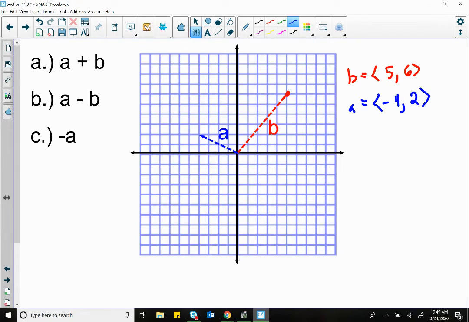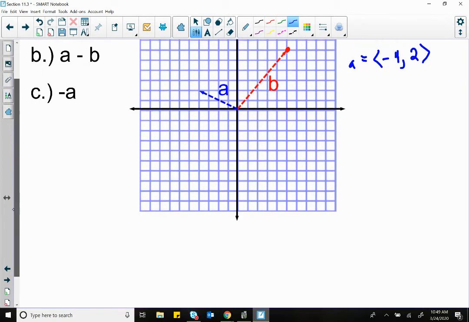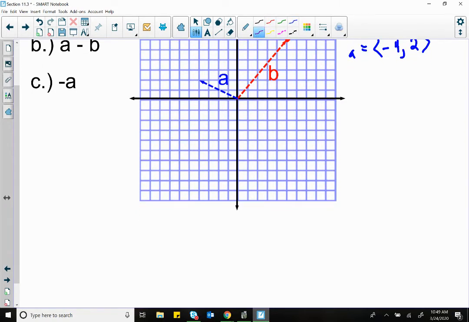Okay? So if we're looking at this up here, if I'm taking the a plus b, I'm going to take negative 4, comma 2 plus 5, comma 6.